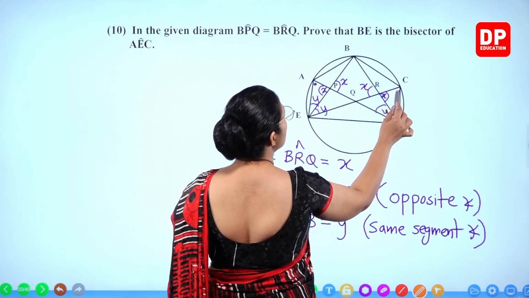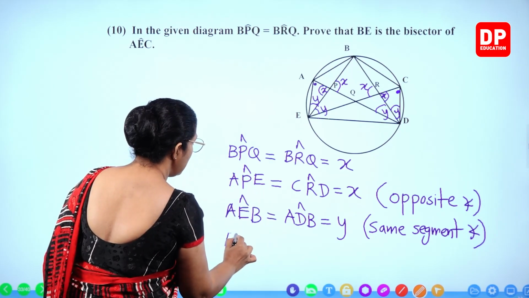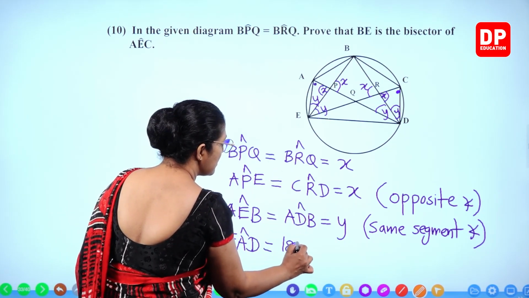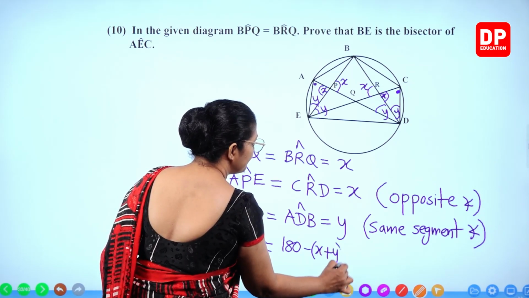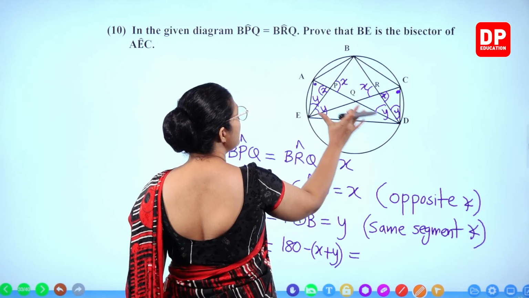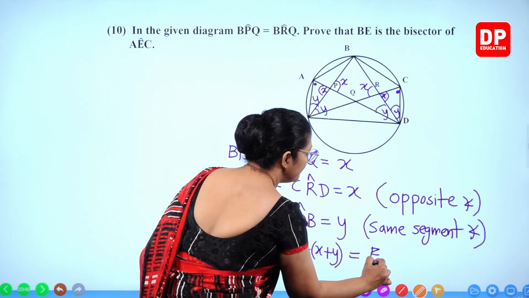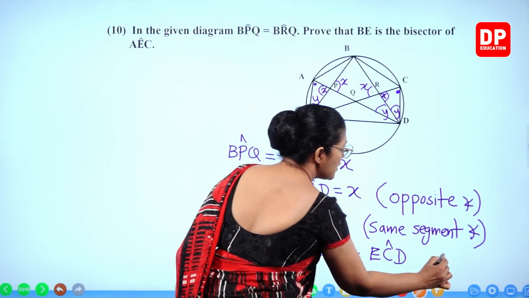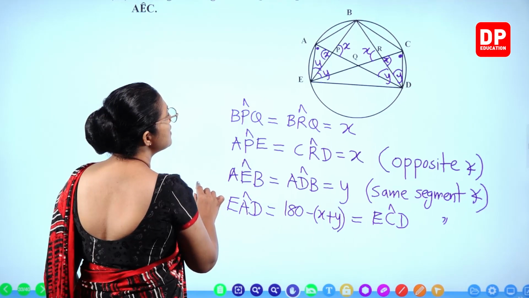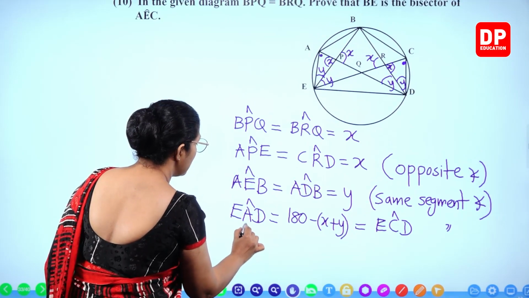Then what is this one? Then you can write EAD angle. EAD angle is 180 minus X plus Y. That's also equal to, look at the diagram, this angle and this angle, ECD. That's also same segment angles are equal. Then if these are equal, what about BDC angle?